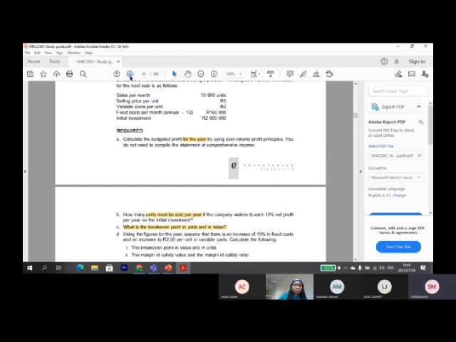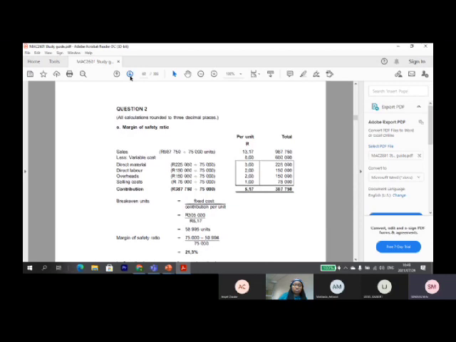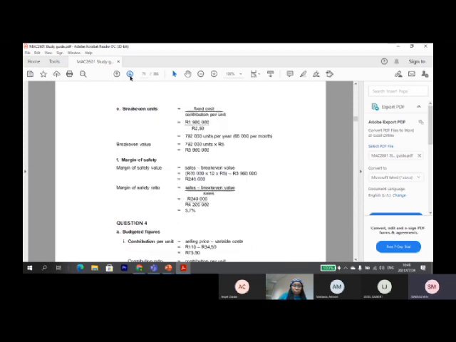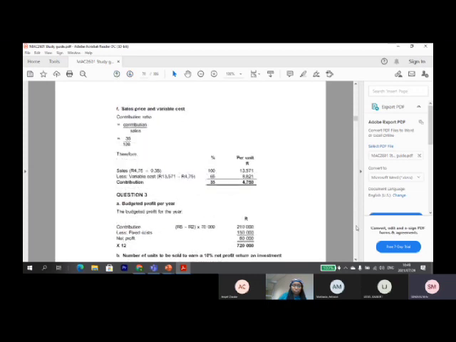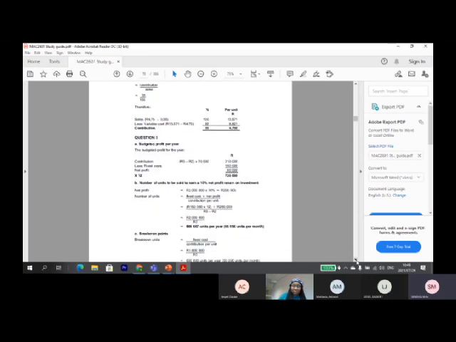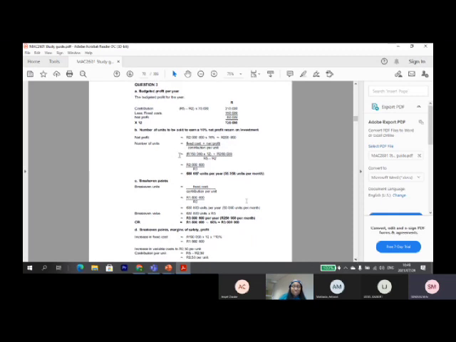So the fixed cost of 150,000 times 12 gives you 1.8 million. So it is 1.8 million plus 200,000 divided by your contribution per unit, which is 3 rand. So then that gets to 666,667, rounded up, because you can't make a portion of a unit. So yeah. Perfect. I like what you mentioned in terms of you can't make half of a unit. So correct, you round it up.